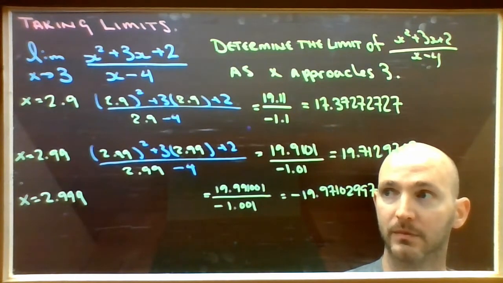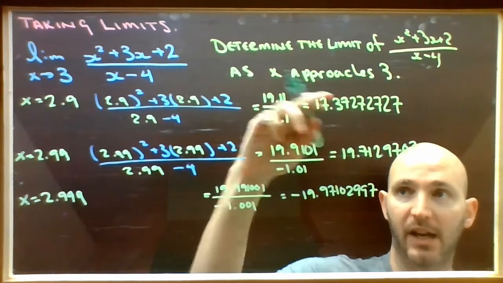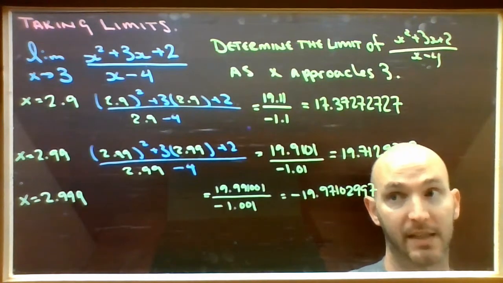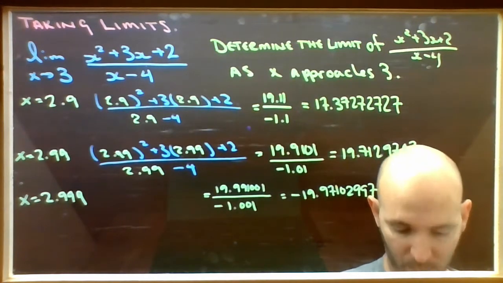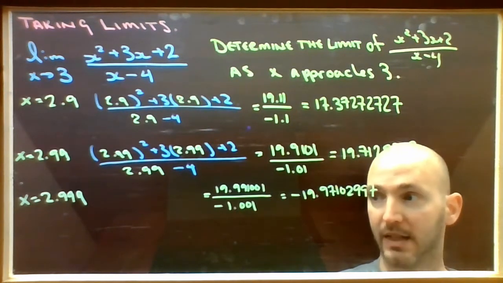Alright, so I picked 3 numbers that got ever closer to 3. I calculated what the output was doing as I got ever closer to 3, and we're going to take a look at the numbers in this pattern and see if we can figure out what it is.